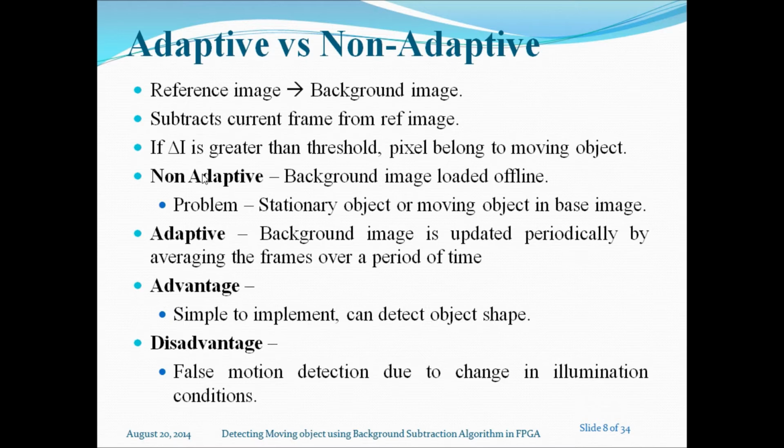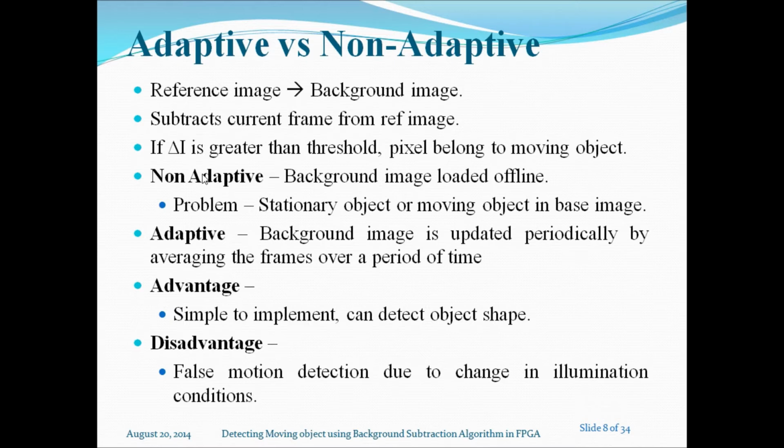In the case of the adaptive method, the background image is updated by averaging out the frames in a certain period of time. This is more effective because in such a case, frequently moving objects, temporarily stationary objects, etc. don't become part of the background image.